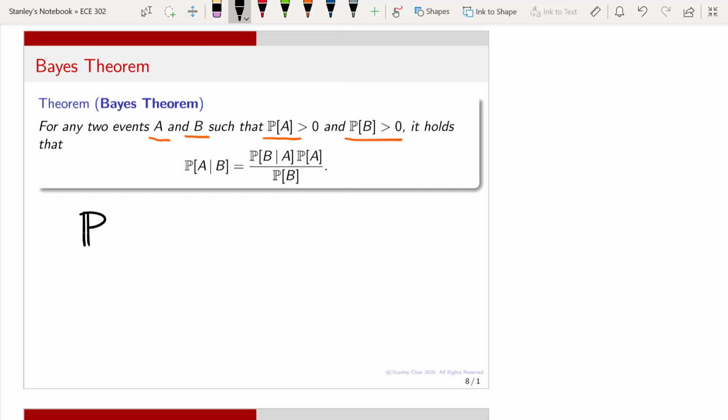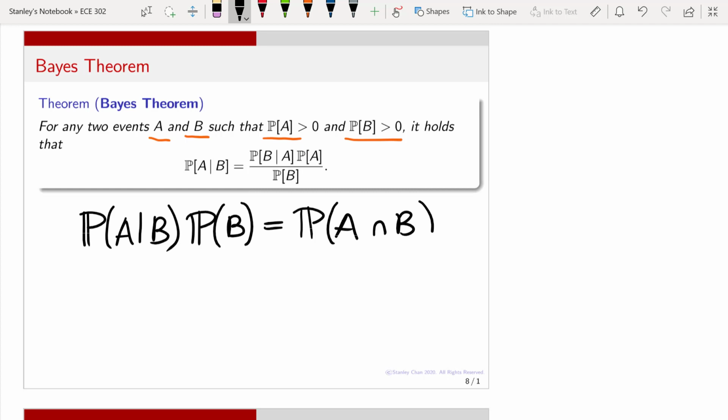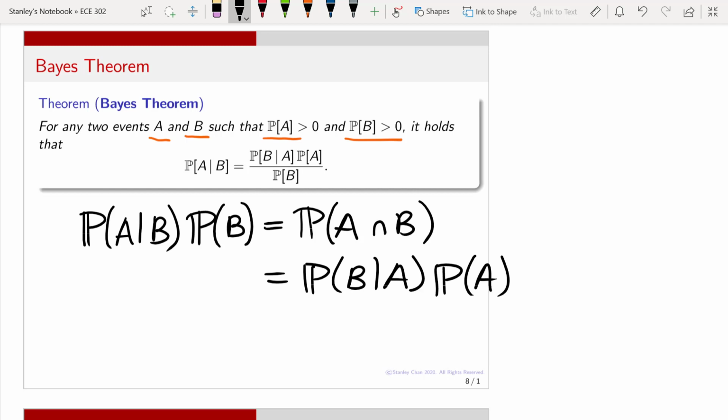So let us calculate the left-hand side. This is the conditional probability of A given B, and let us multiply the denominator of the right-hand side, P of B. So here you have this product of conditional probability and this probability, and we know that by the definition of conditional probability, this is really just the intersection of A and B. Now, if you look at this intersection, certainly you can write it in this way, A given B, but I can also write it as B given A times the probability of A. It's just another way of writing this intersection.